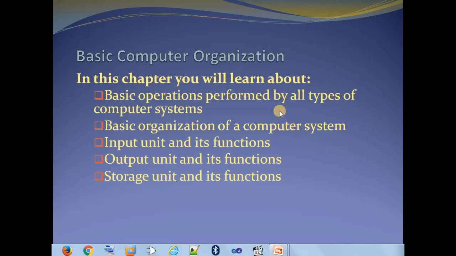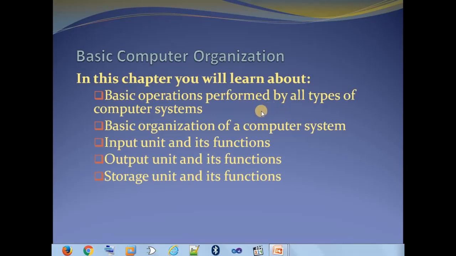So this second topic discusses the basic block diagram of a computer system and basic functionality of a modernized computer system, or we can say the general purpose computer system.